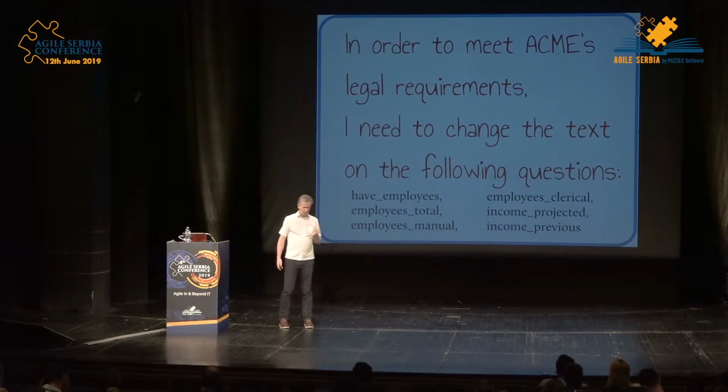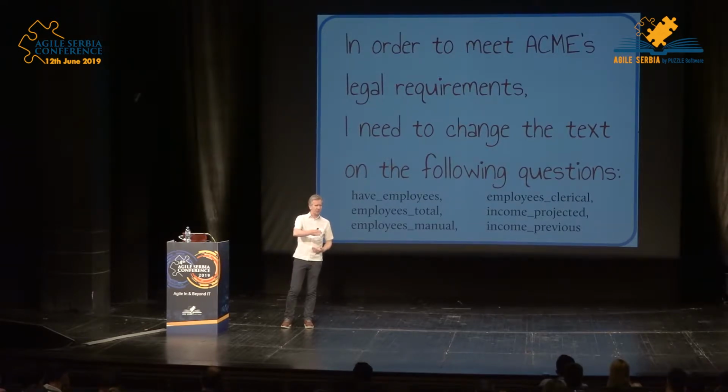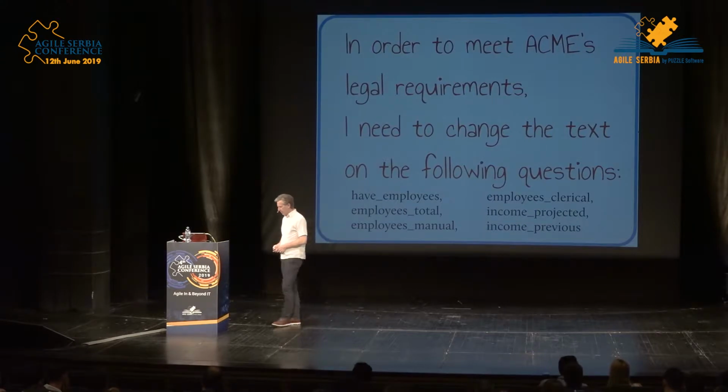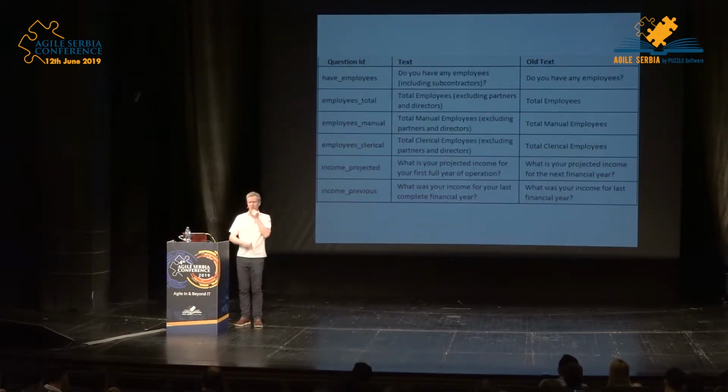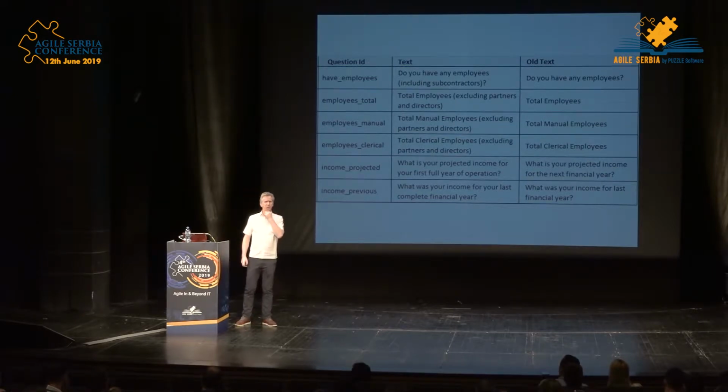I said to her, well, do you presumably have some kind of master list of what the text values are for each of your questions? It's certainly in your database, but do you have it in some accessible form? She said, well, yeah, here's an extract of it. Here are those 6 IDs.